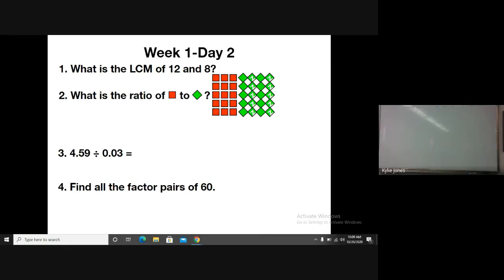Here's the why: 15 divided by 5, and 20 divided by 5.